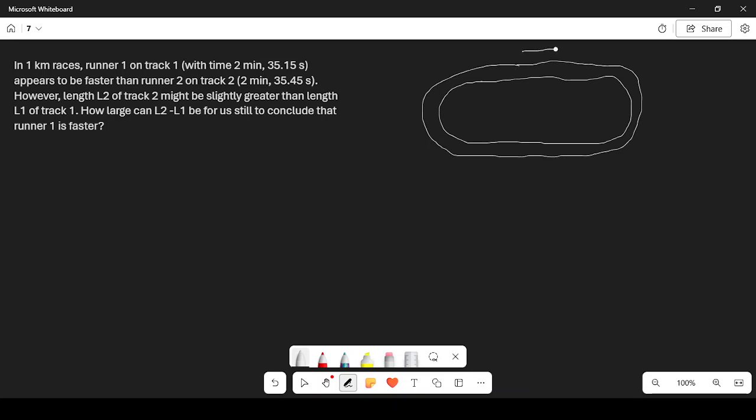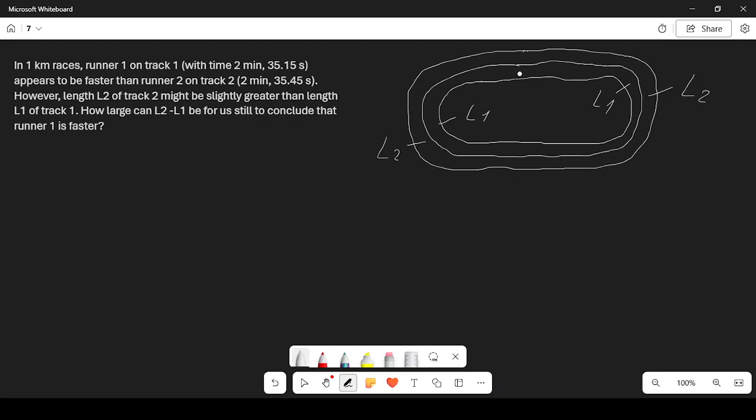And here is another track for runner number 2. Okay, let's mark it. This is the first track, this is the second track. Let's also mark from this side: this is L1 and this is L2.